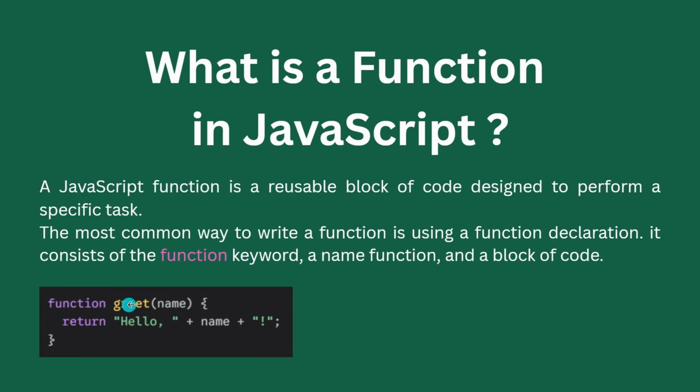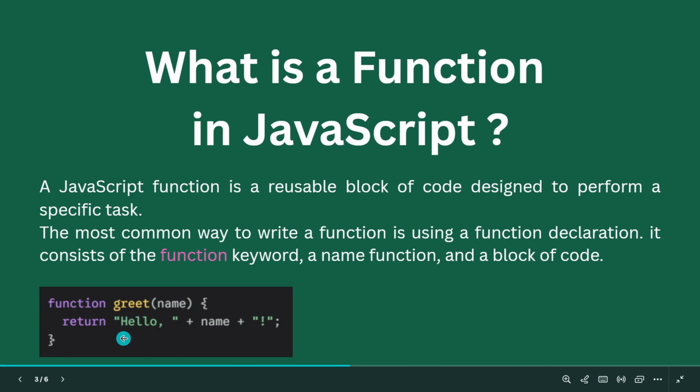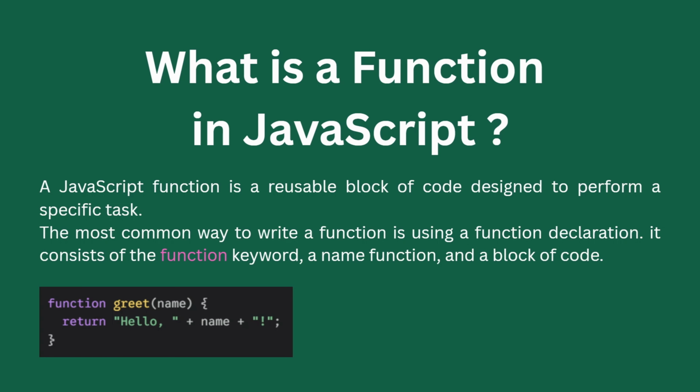For example, we have a function named greet. There is an input parameter we name as name. Then this function will return the string hello concatenated with the name variable.